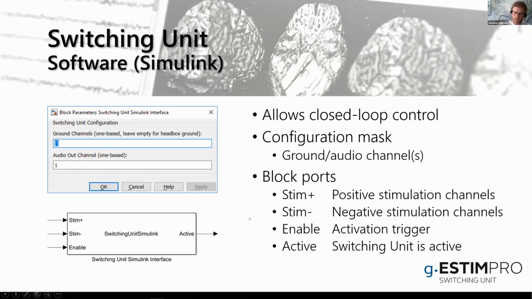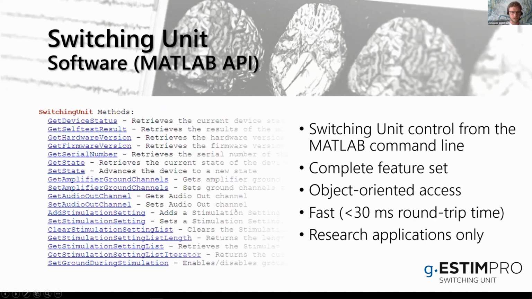If you want to go beyond that, because this doesn't even allow using the whole set of functions, you can use the MATLAB API, where you can see exemplary API calls here. And basically, the main benefit, the feature you cannot use with the other variants, is that you can set stimulation sequences, up to 64 elements.